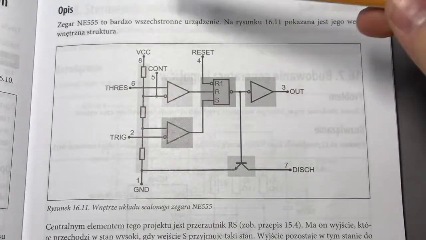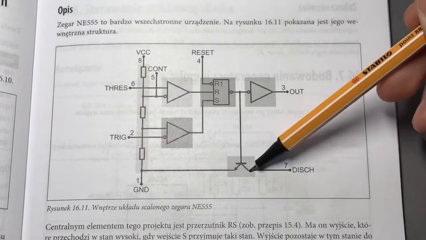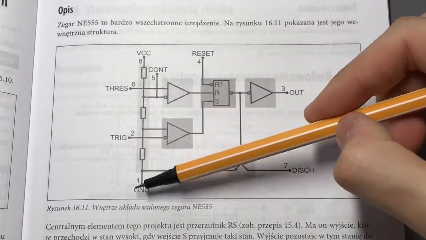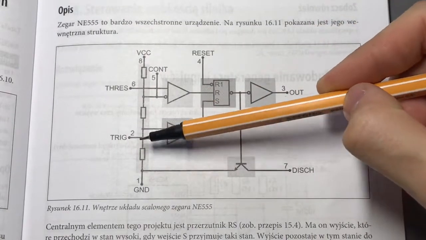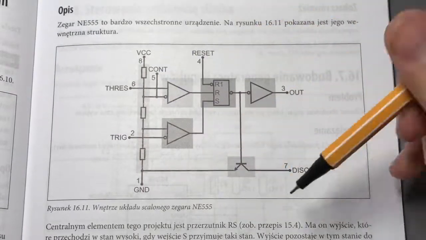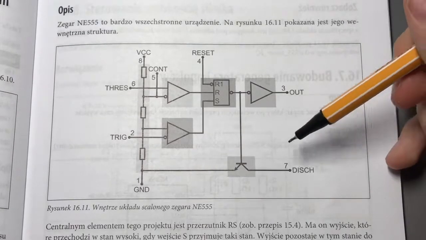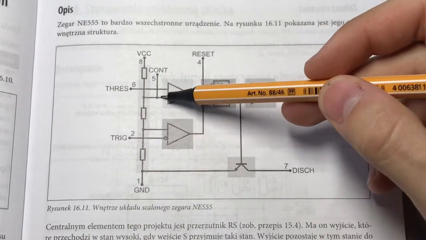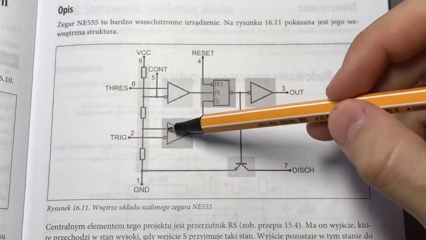What we have here is mainly 3 comparators, a flip-flop, an NPN transistor, and a voltage divider. As you can see, between VCC and ground we have a voltage divider, which consists of three 5 kilo ohm resistors, and this is why the NE555 is called 555. Here we have the control connected to the minus input of the comparator.